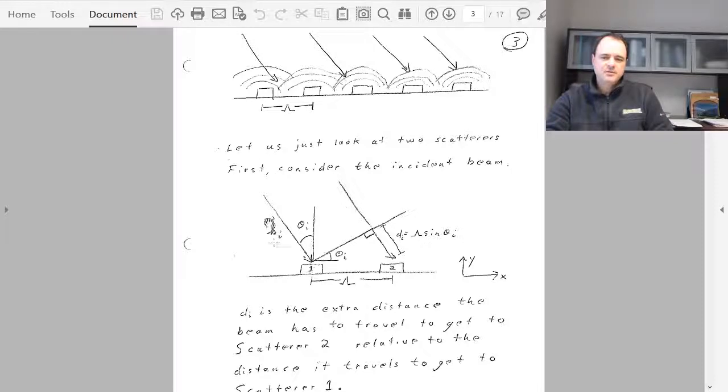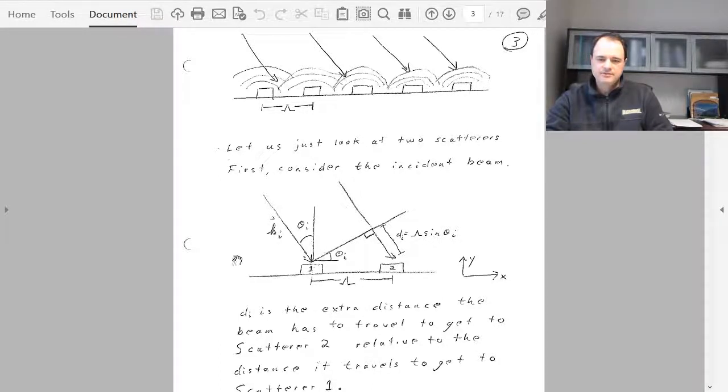And we're going to first look at what happens with the incident beam, all right? So the incident beam is coming along this direction, impinging down onto these scatterers. It's a plane wave with a wave vector k sub I. It has an angle of incidence of theta I relative to the normal, all right?